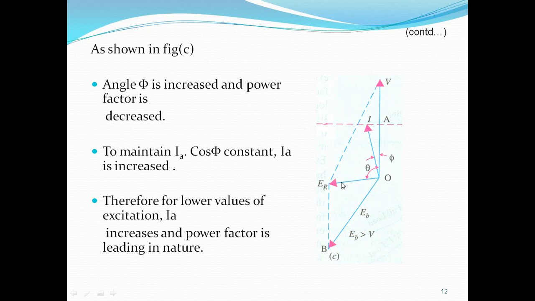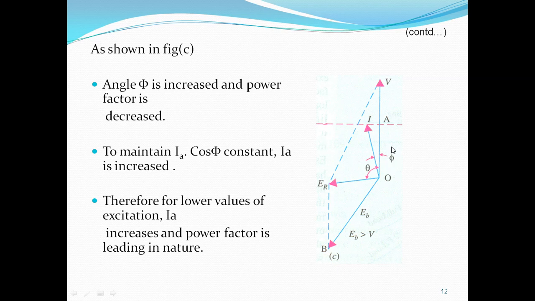So then what happened in over excitation? In over excitation, ER is pulled into anti-clockwise direction. When ER is pulled, as theta is constant, automatically the current also pulled in anti-clockwise. So the current I leads the supply voltage by an angle pi. When the angle pi increases, automatically the power factor cos pi decreases.